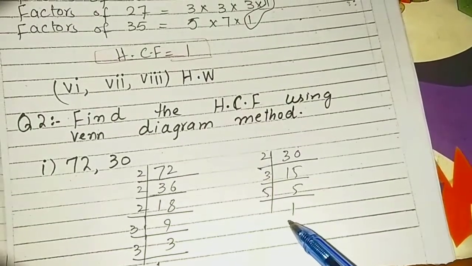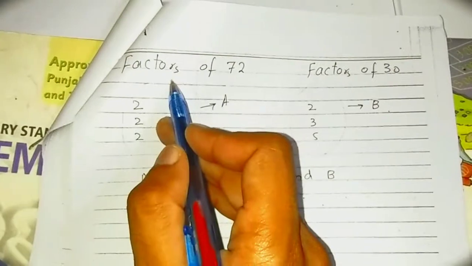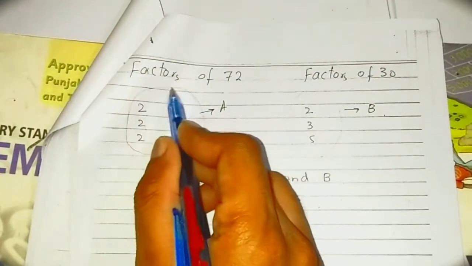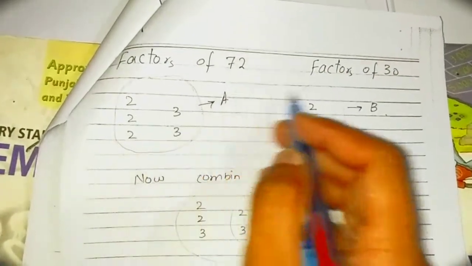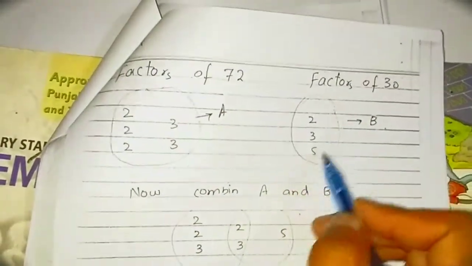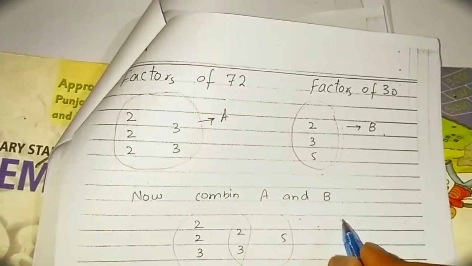Now we are going to draw the Venn diagram. Here we draw a circle and write the factors of 72 in one circle and the factors of 30 in the other circle. Now combining A and B, we have combined these two circles.